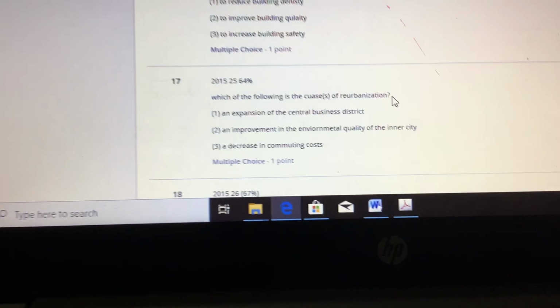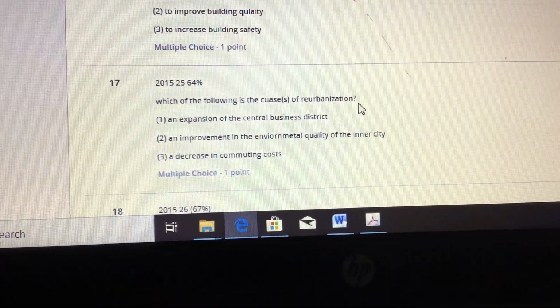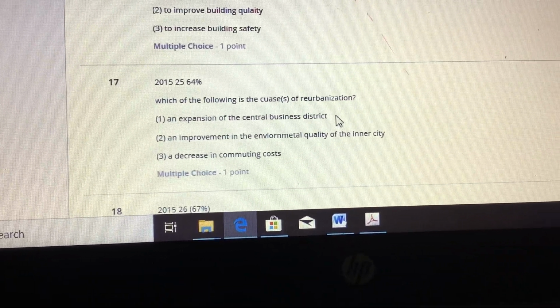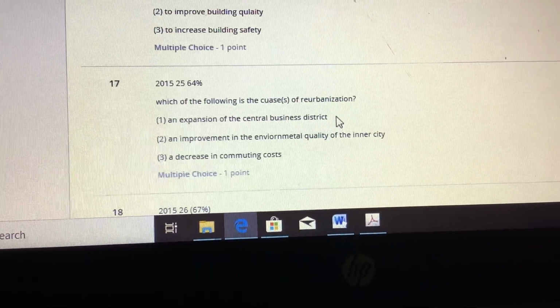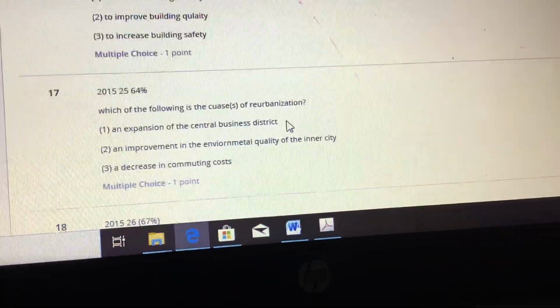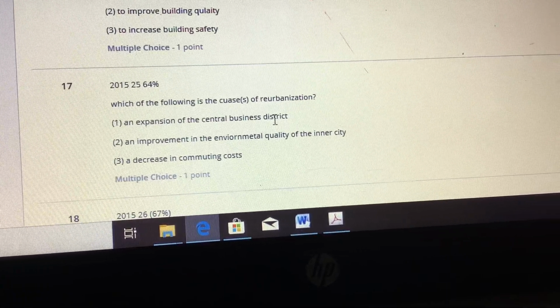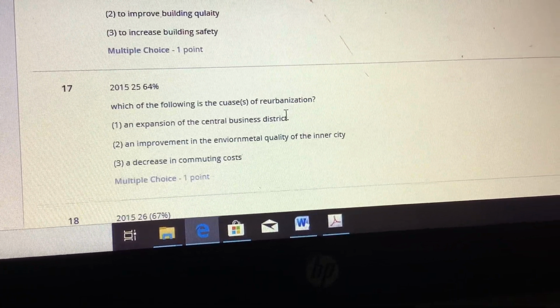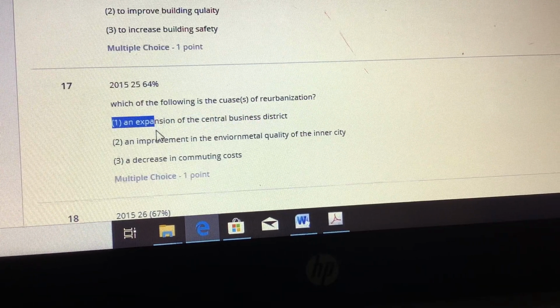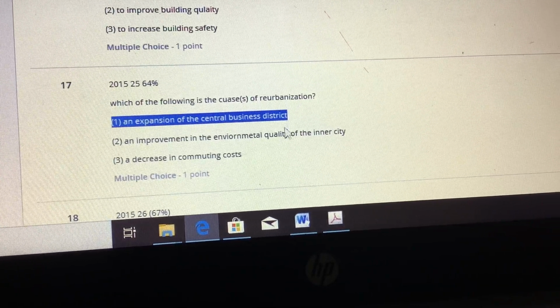Just like Mr. Leung is going to move back to Sai Wan because of better living. Nowadays, a lot of new buildings are built in Sai Wan, and then it's attractive to Mr. Leung. So, expansion of the central business district, is it the case?